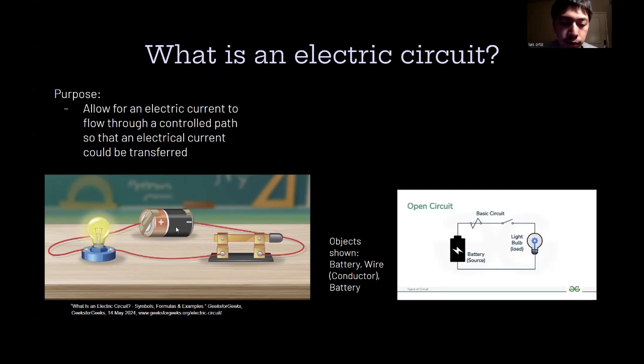Here we see a 3D example of what a basic electronic circuit looks like. You see that it first goes through the negative charge, and here there seems to be a switch, and this switch, depending on whether it's on or off, will determine if this light bulb gets turned on.